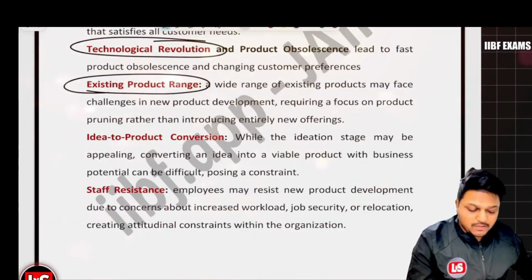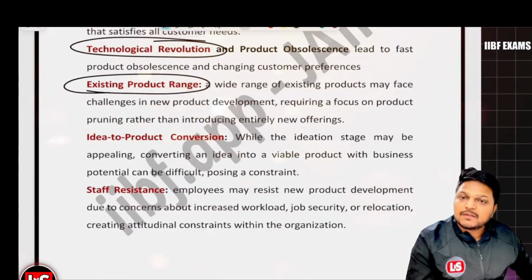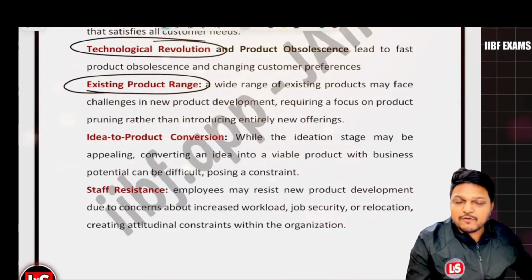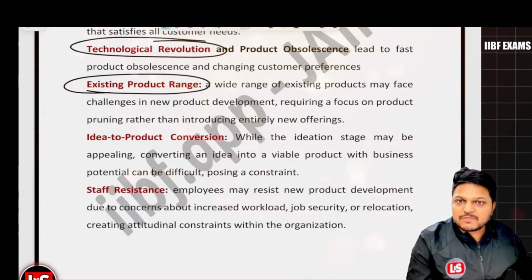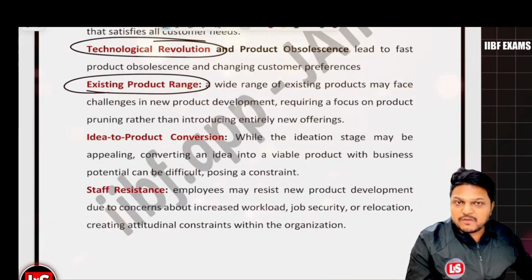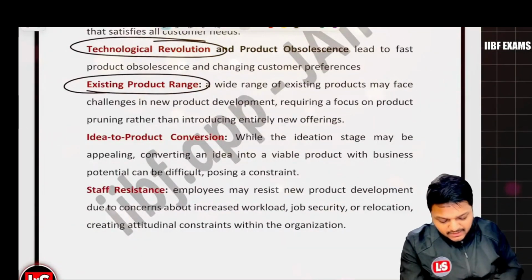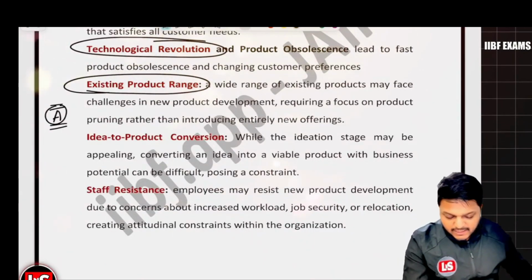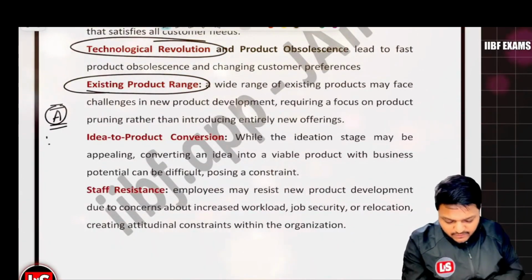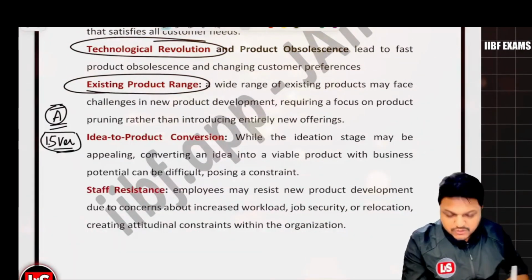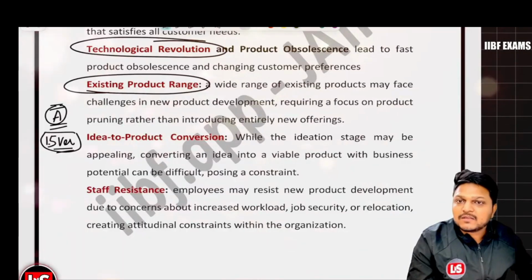Proper positioning of the product is to be done, that is, for which particular customer segment this product is meant, and where this product will be positioned. Let's say company A is selling 15 versions of the cars, right?